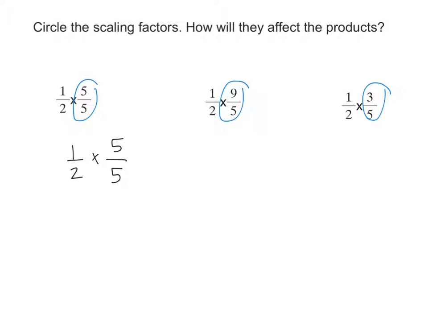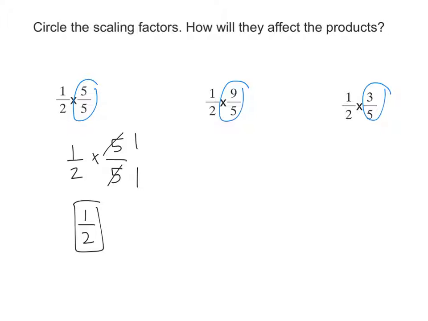Do we see any factors in the numerator and denominator that we can cancel out? 5 and 5 are both divisible by what number? 5. So is that the same as 1/2 times 1/1? Which is equal to 1/2. So how did this scaling factor of 5/5 affect the product? It kept it the same as the original factor, yes?